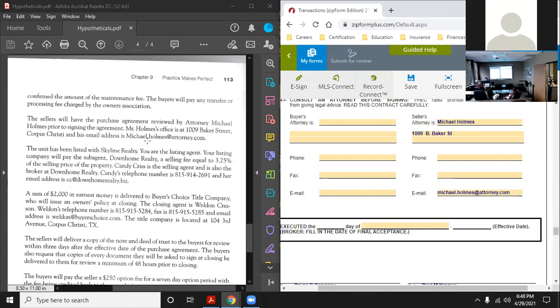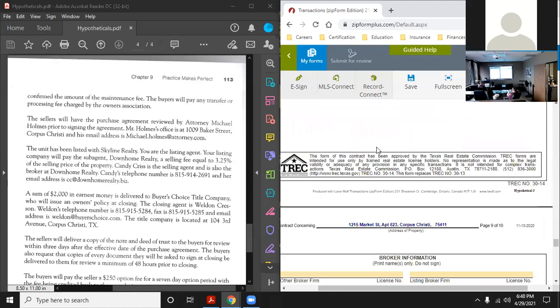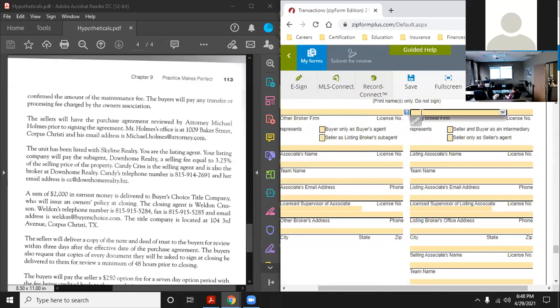Cool. So, the unit has been listed by Skyline Realty. You are the listing agent. Your listing company will pay the sub-agent, Downhall Realty, a selling fee equal to 3.25% of the selling price of the property. That is all stuff that will go in here. So you are from Skyline Realty, and the other one is Downhall Realty.